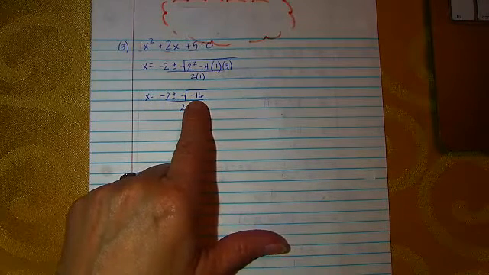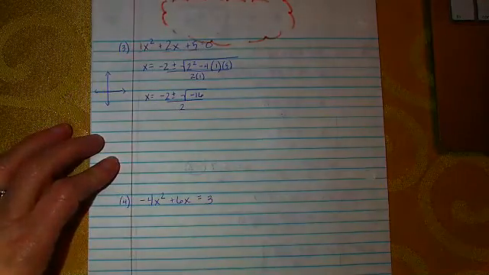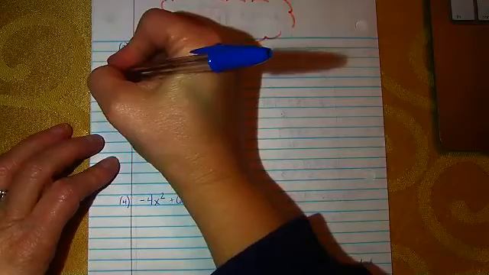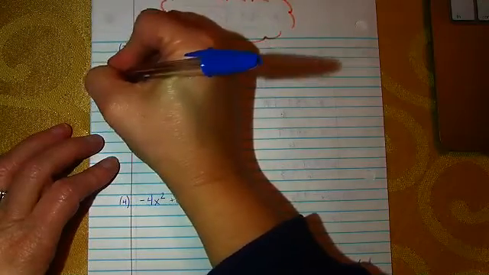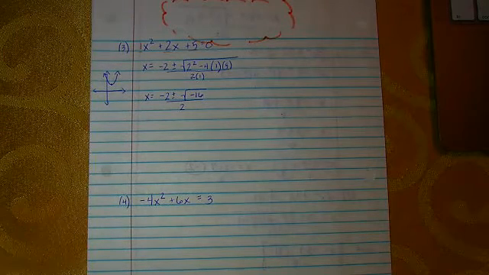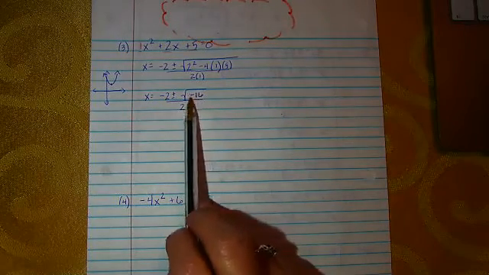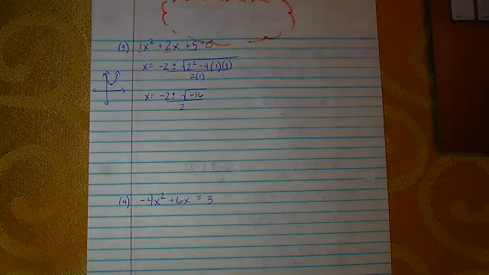If you think about what that means on our graphs, the solutions are where it crosses the x-axis, so this would probably be a graph that looks something like this. Here's my vertex, and my vertex or any part of the parabola will not cross the x-axis. So this is what we mean when we say it has no real solutions. The reason is that we have that negative underneath the radical.